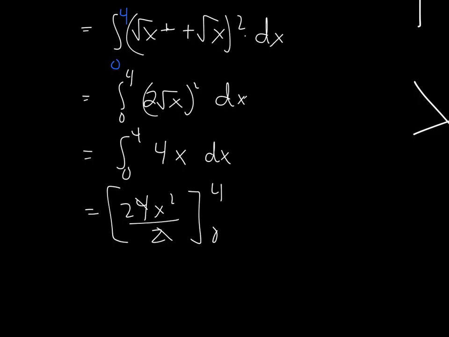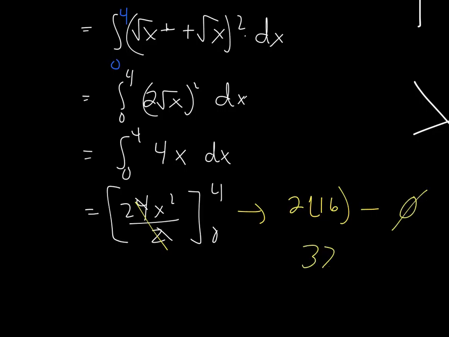So that's giving me 2 times 4 squared is 16. Nope, my 2 canceled out. That's gone. So I've got 2 times 16 minus 2 times 0, which is just a 0.